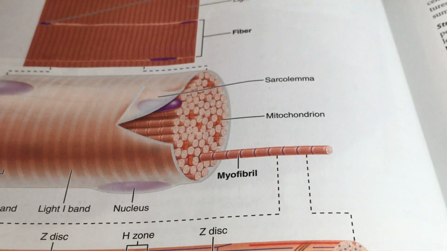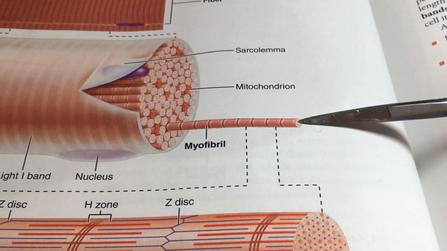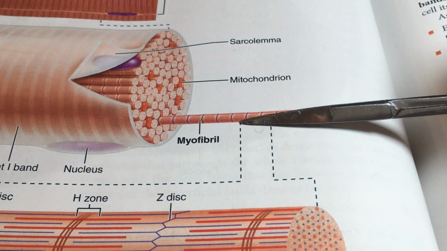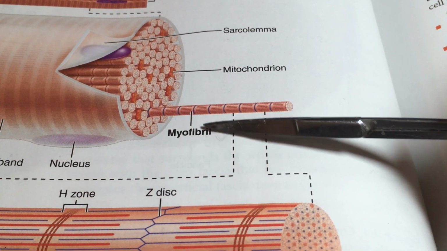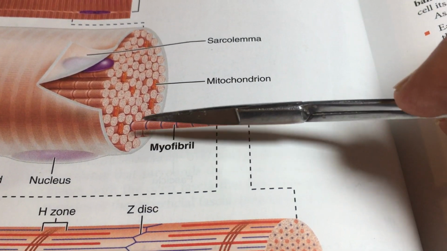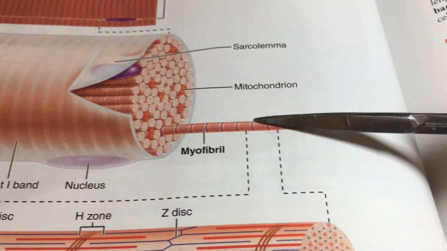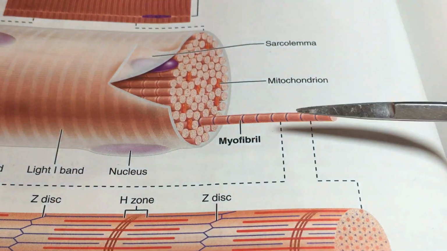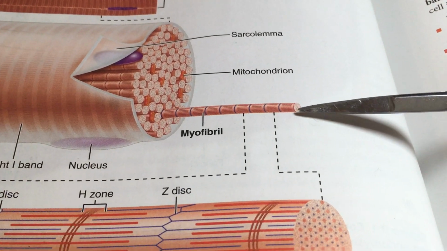Okay, so the other thing is that we have these longitudinal little devices here, these long little sort of number 2 pencils that are called myofibrils. And do you see that they're all packed together inside one cell? All of these. And again, they're running that length. Isn't that crazy?